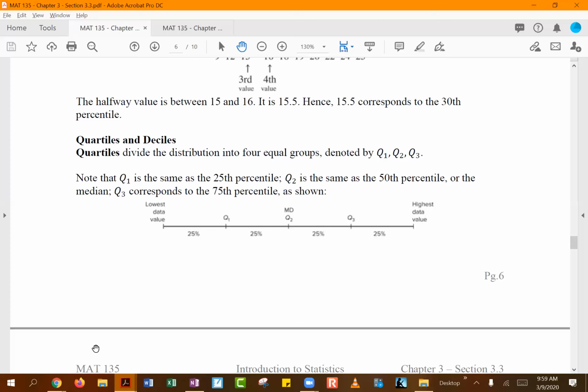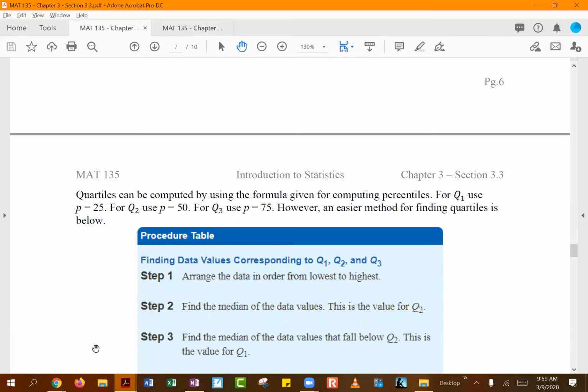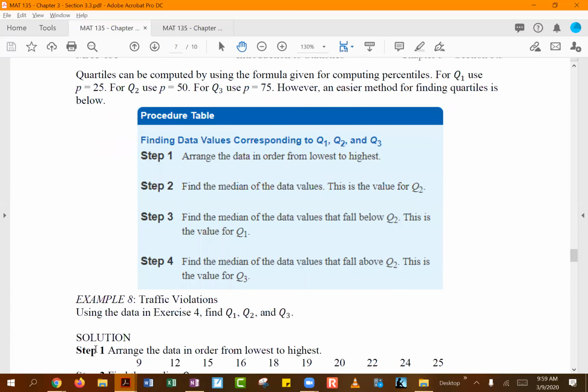Quartile 2 also happens to be the midpoint for your data values. You've got that little timeline to help you out.